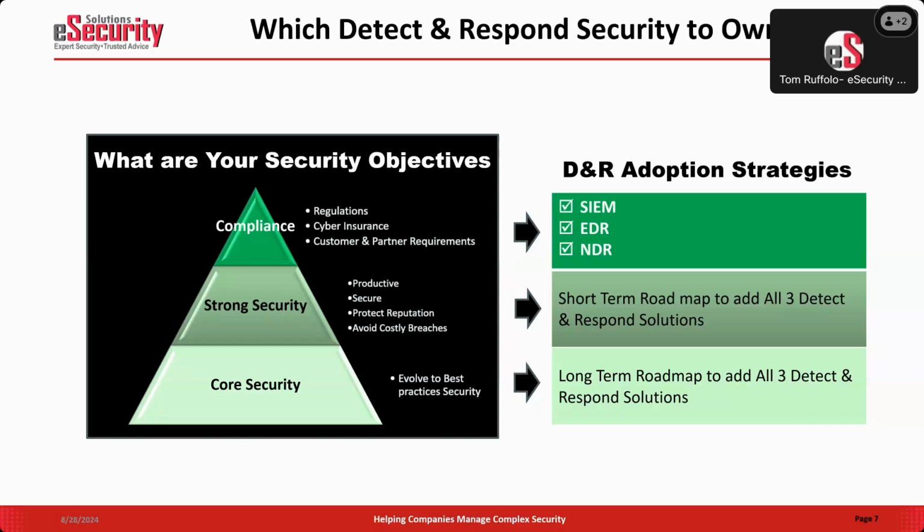For companies with strong best practice goals, we would say the same thing is true, but maybe you have a little bit longer roadmap to get there. Again, it depends on your budget. And for companies that are really ad hoc, again, it depends on how serious you are. But ideally, all three of these things should be acquired by companies, and over time, it can be something that you add to your security.